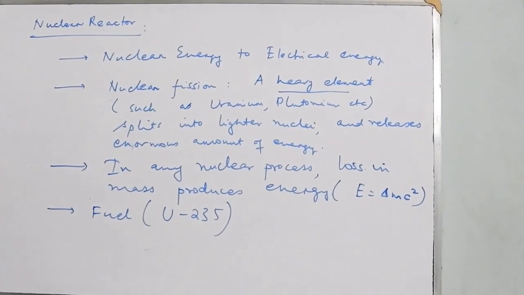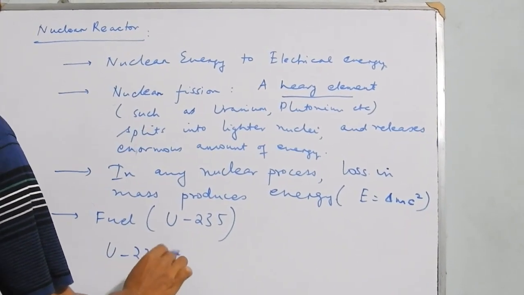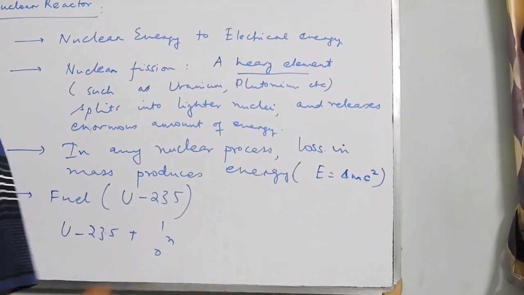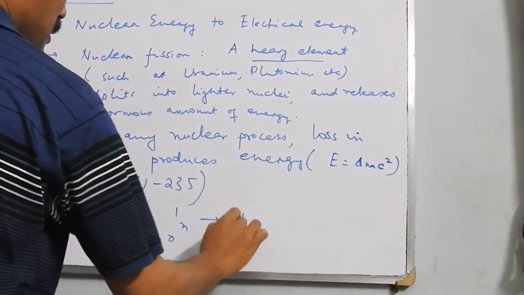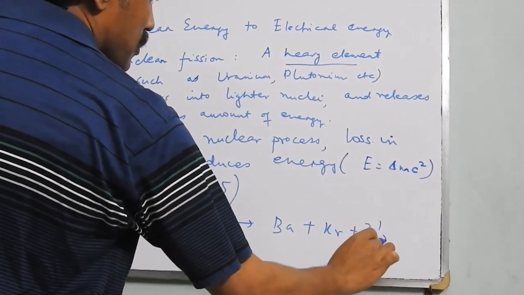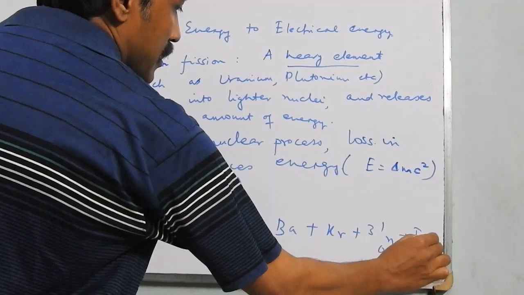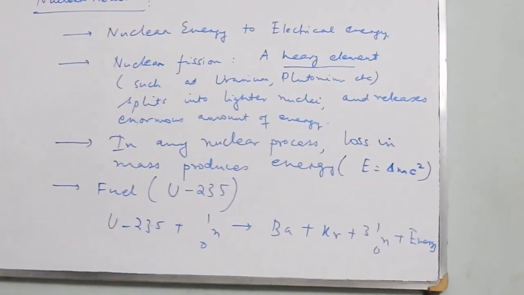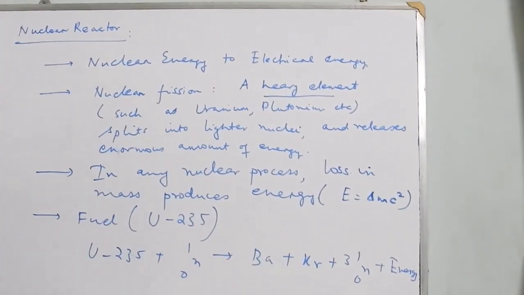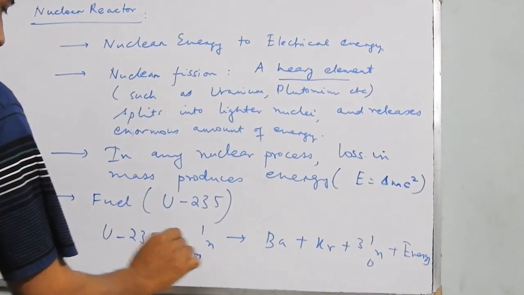If I take an example, I can say that suppose uranium-235 is collided with neutrons, then it produces barium and krypton, 3 more neutrons plus energy. So these are the lighter nuclei, barium and krypton. It depends upon the speed of the neutron that collides with the uranium nucleus.